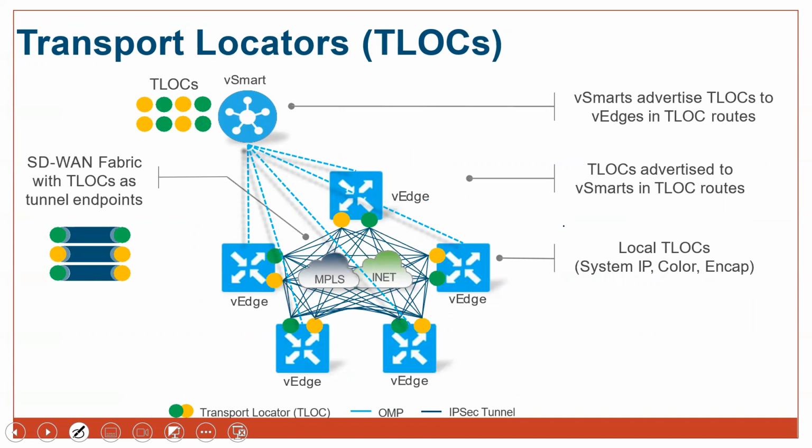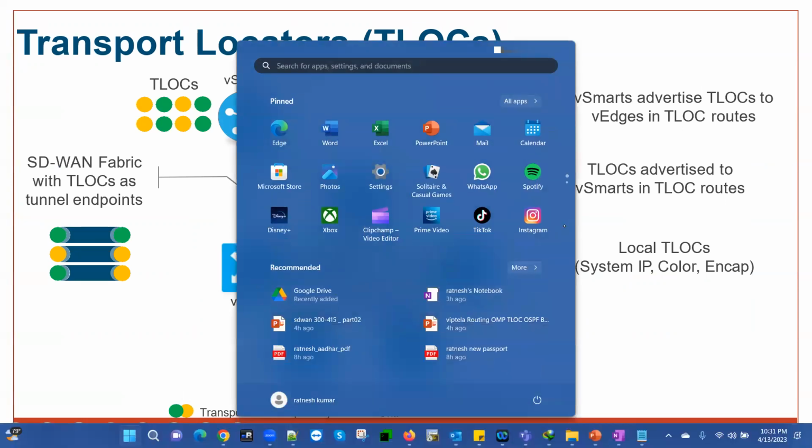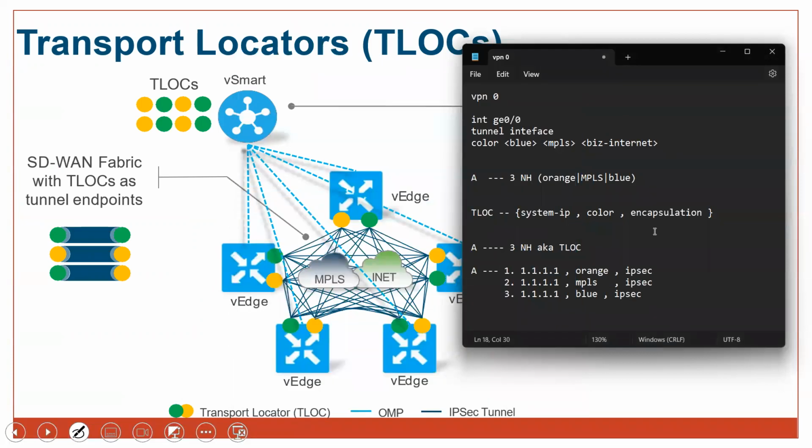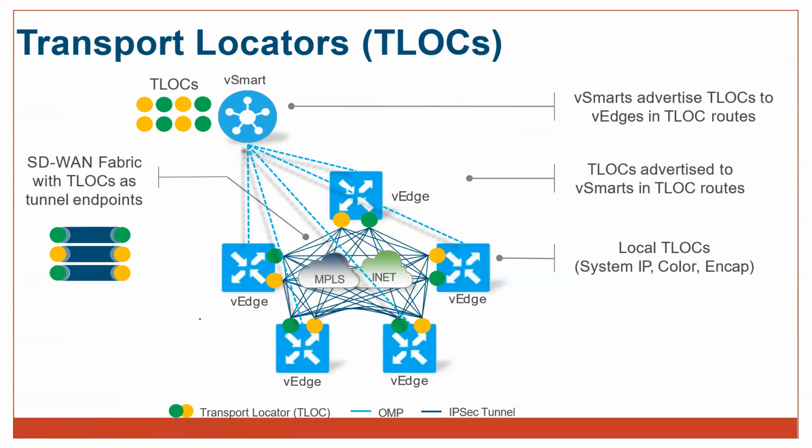One more important thing here: in some earlier session, I told you that when you are defining the VPN 0 color, you have something called the restrict keyword as well. By default you can see that green can form IPsec with green, yellow with yellow, and green with yellow.